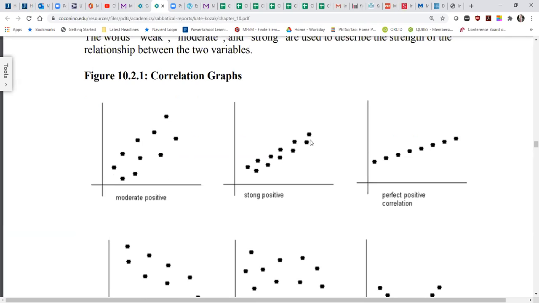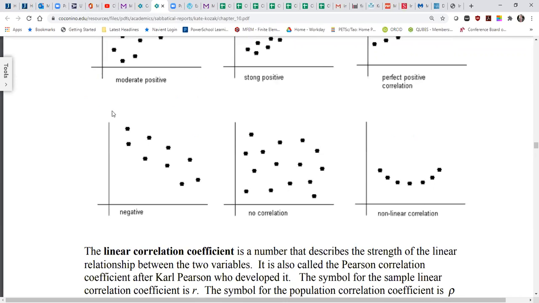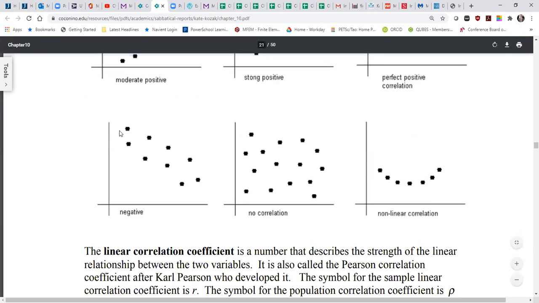If it is close to a straight line like this, we call it strong positive. And if it is all in one line, we call it perfect positive correlation. If it goes from left to right moving down, this is negative correlation. If you scatter all over the place, we call it no correlation. And for this one, it is non-linear correlation because it's not a straight line, right?